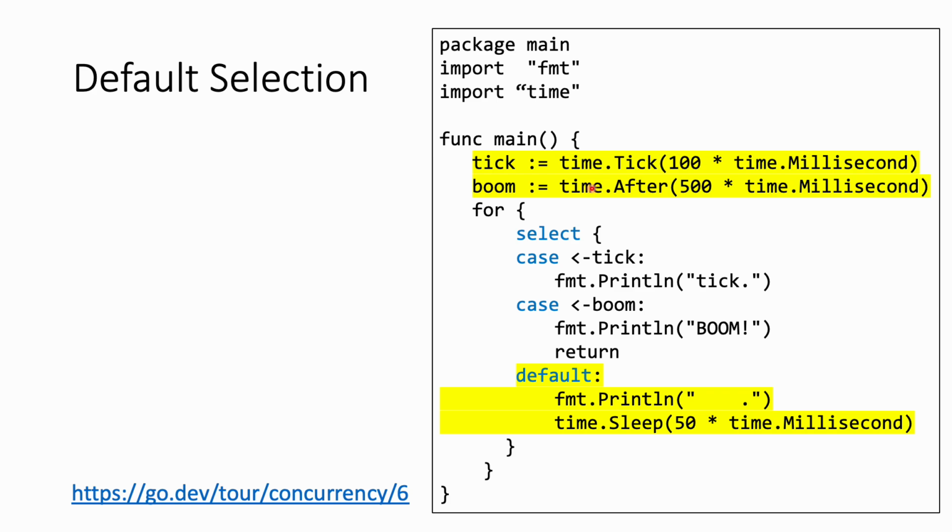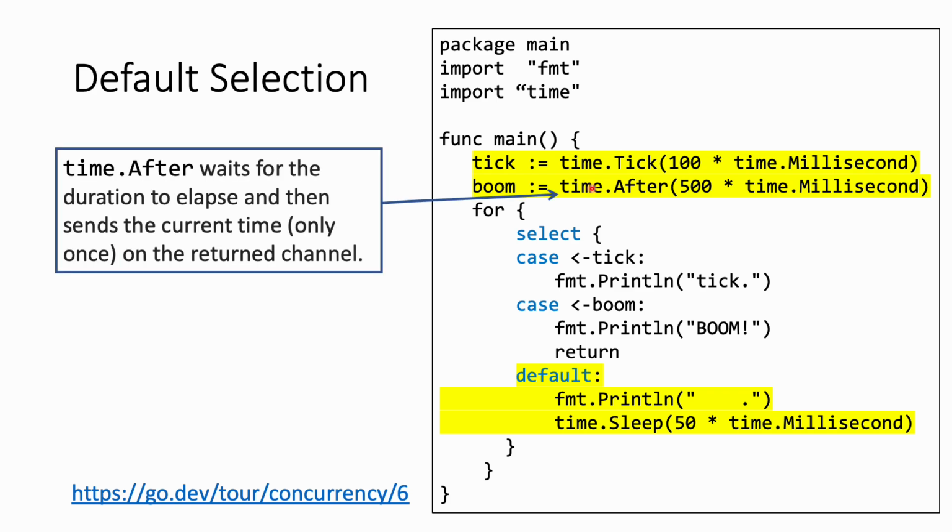Then it calls function time.After, which waits for the duration of 500 milliseconds to elapse and then sends the current time, but only once, on the returned channel.